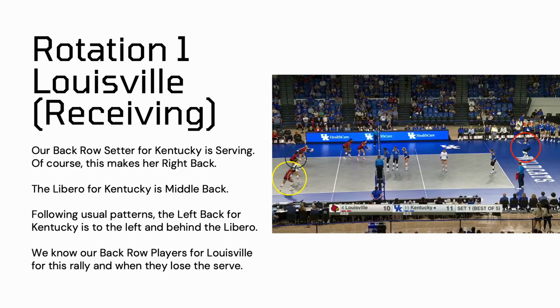So guess what? When and if Kentucky loses the serve, we should know all our back row players for Kentucky, because Kentucky is serving. When they go to serve receiving rotation 1, we will have the same 3 back row players as we described.